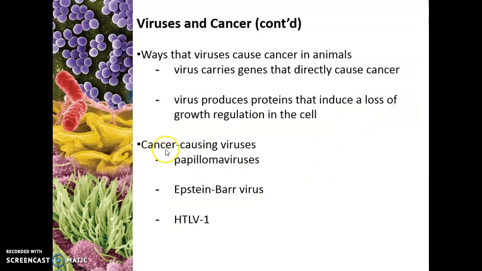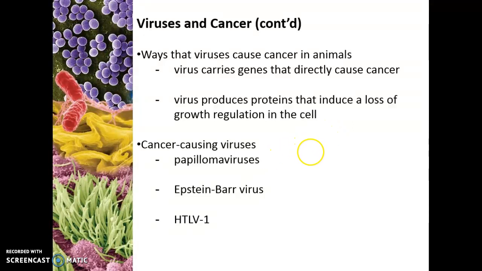So some major cancer-causing viruses: papillomaviruses, alright, that's a big one. 80 to 90% of cervical cancers are caused by papillomaviruses, and that is because the physician scientists do a biopsy of that cervical tissue, and they can find the virus there.